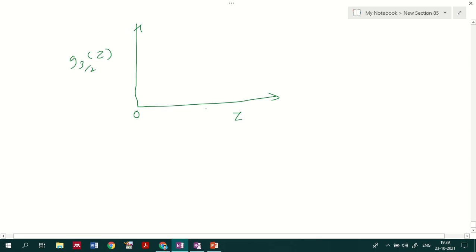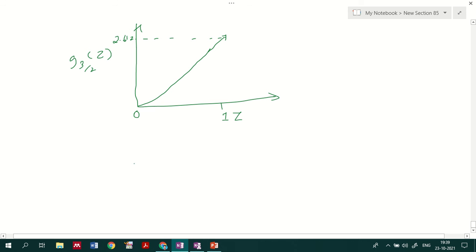The minimum value will be 0, and the maximum value of z is 1. So g3/2 will monotonically increase up to 1, and at 1 this value corresponds to 2.612. That is all it means.